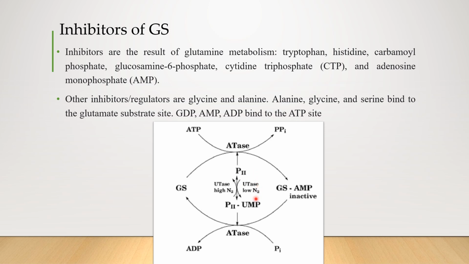Now if nitrogen is very low, there is no need for glutamine synthetase to be in active form. Then it is adenylated and retained in inactive form. So high nitrogen leads to this, low nitrogen leads to this.